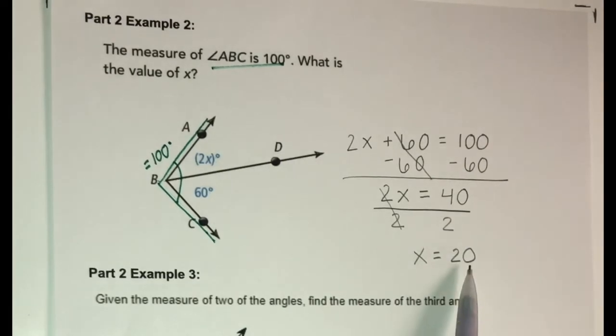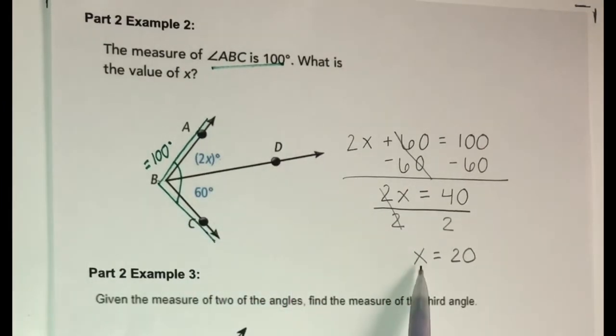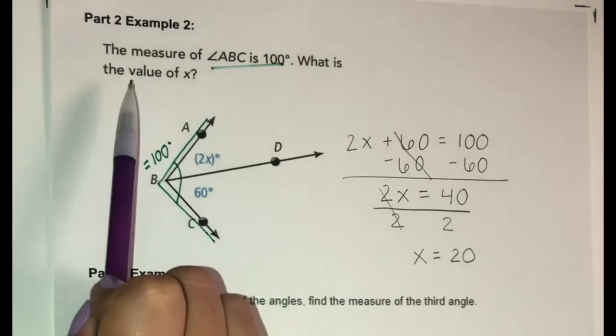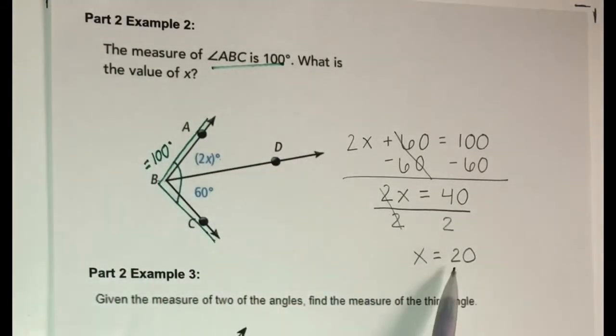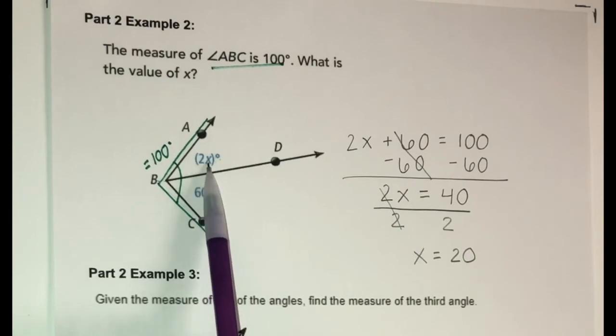If you look back at the picture, this was a degree measure of this angle, but this 20 is just representing x. So we answered the question, what is the value of x? It's 20. But if we wanted to find the measure of the angle, we would take this 20 and plug it back into this expression.